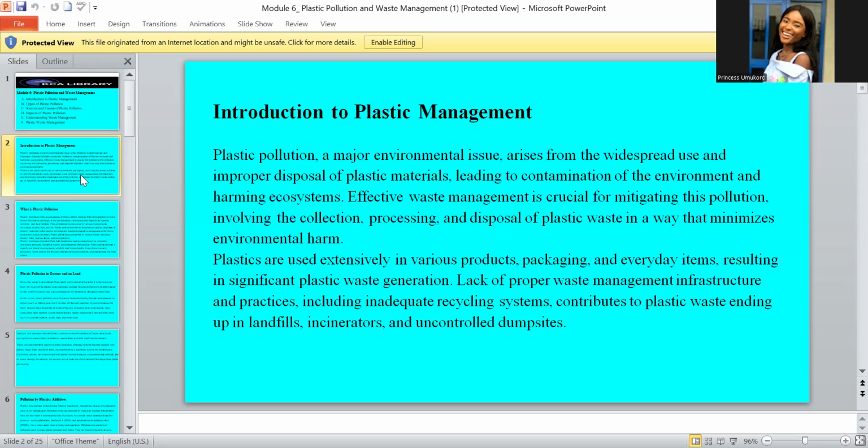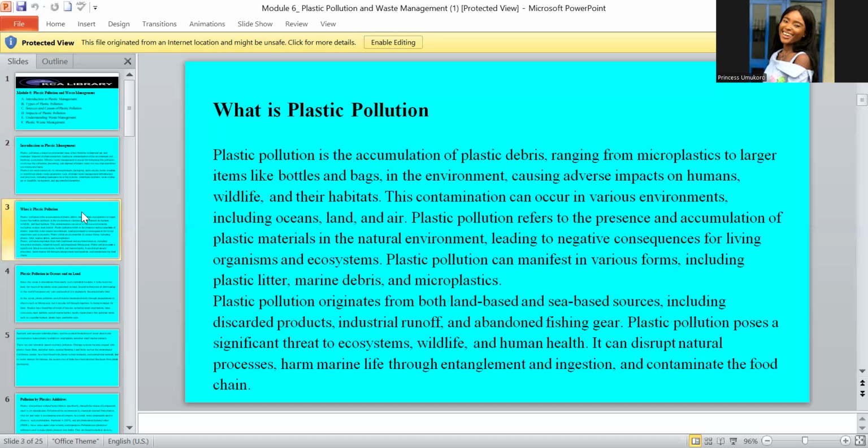Plastics are used extensively in various products, packaging, and everyday items, resulting in significant plastic waste generation. Lack of proper waste management infrastructure and practices, including inadequate recycling systems, contribute to plastic waste ending up in landfills, incinerators, and uncontrolled dump sites.